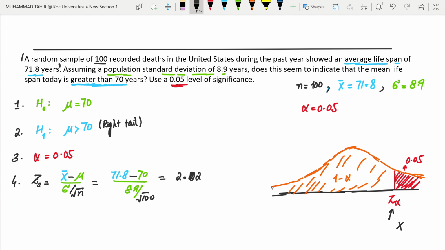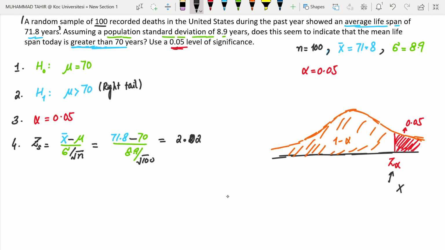Alright. So why do we need this z value 2.02? Now I am going to calculate the p-value. This is the most important step in the p-value test. As I said, p-value is the probability to accept the null hypothesis.